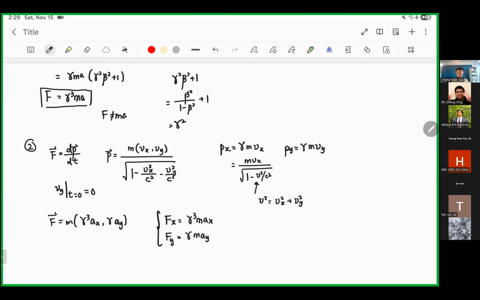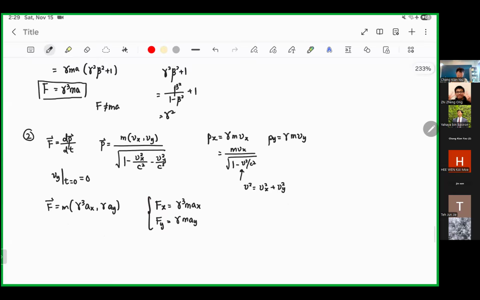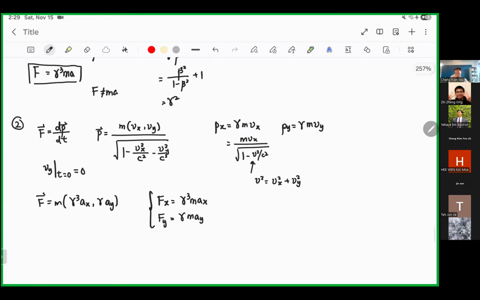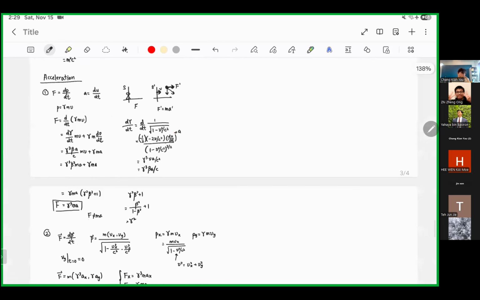Depending on the direction you're acting on it, the forces give different results; you can view it as them having different contributions of gamma. And why this happens is related to time dilation and length contraction. Because, how should I describe this?